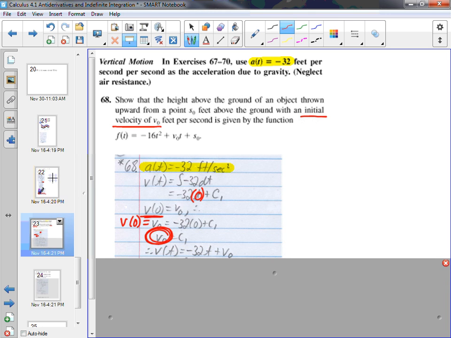So the particular solution for the initial condition that the initial velocity is v0 is v of t equals negative 32t plus v0. As awkward as that looks, that is the particular solution with the given information.